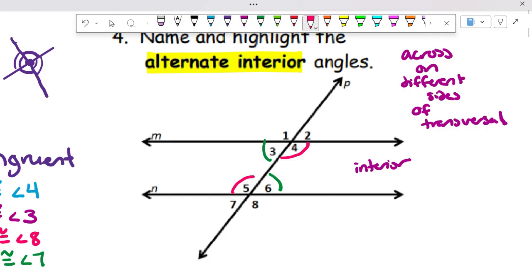Well, to call back to what we did in the last unit, all right, rotations. If we picked a point on the transversal and we rotated angle 3 180 degrees, it would fall perfectly on angle 6. All right, and what's true about rotations?